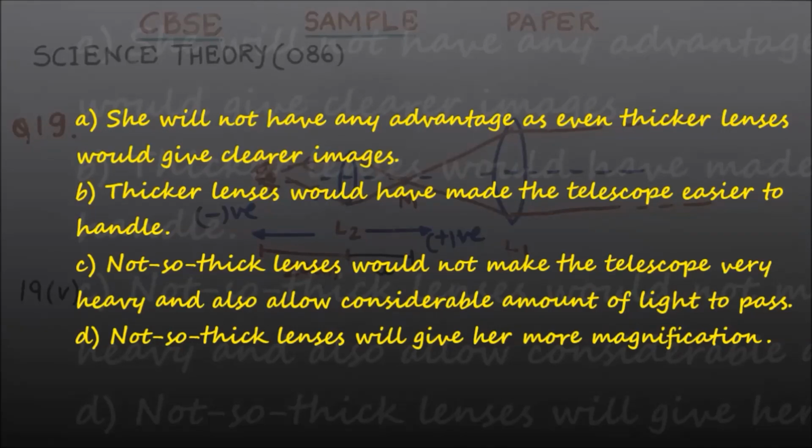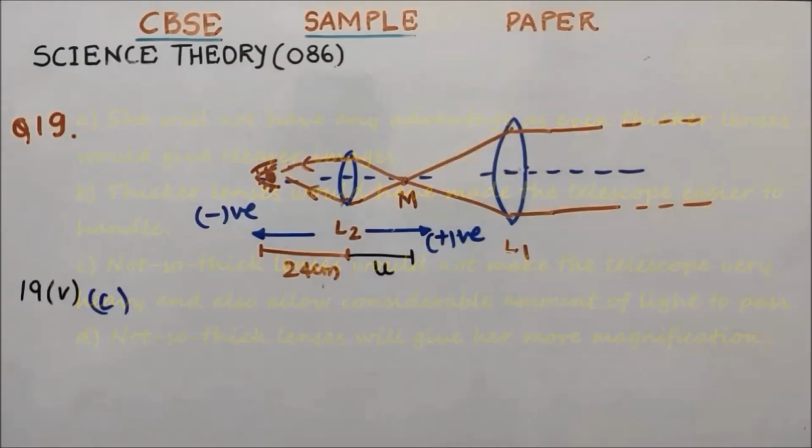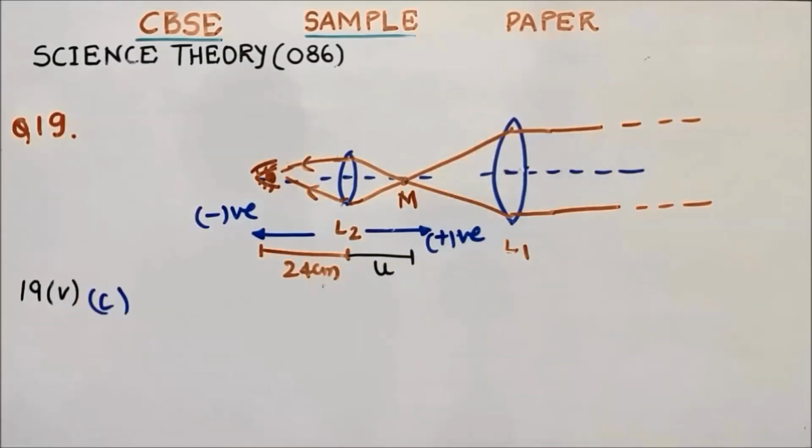So B is not correct. Next, not so thick lens would not make the telescope very heavy and also allow considerable amount of light to pass. Yes, C option is correct. Okay, for now I think C option is correct, but I'll decide after reading the option D. Not so thick lens would give her more magnification. No, that's not correct. So I will fix with option C. So the answer is option C.